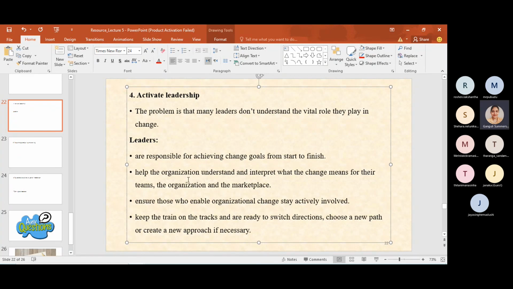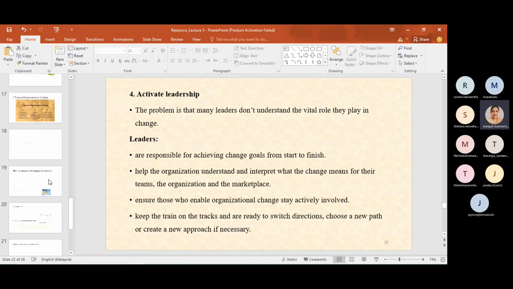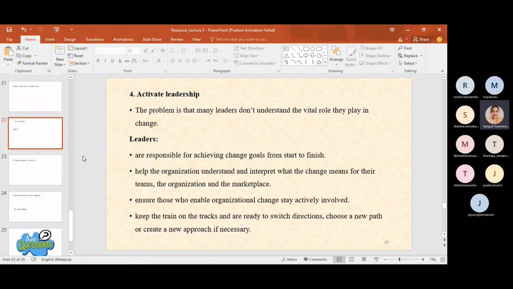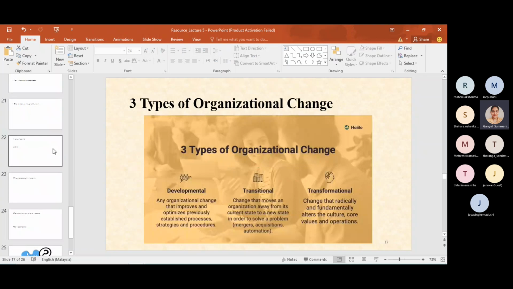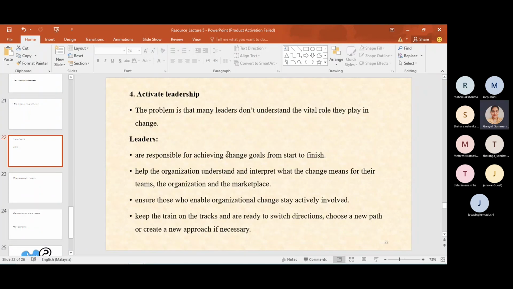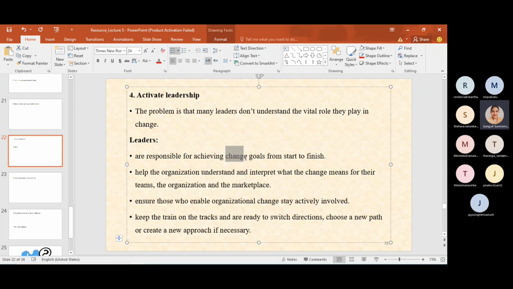Change goals means the goals or the objectives that you have related to the change that is happening in the company. For example, we discussed several types of changes, right? Mergers and acquisitions is an example of a transitional change. Just for an example, let's assume the change that is happening in a company is mergers and acquisitions.